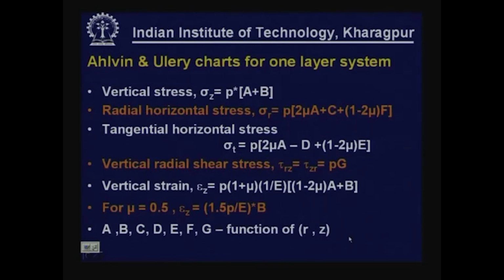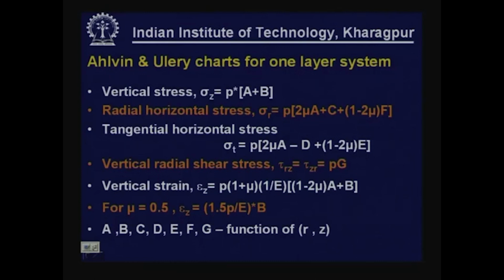Alvin and Ullery have given charts for 1 layer system for the following parameters. We can calculate vertical stress sigma z, radial horizontal stress sigma r, tangential horizontal stress sigma t, vertical radial shear stress, vertical strain and other parameters.